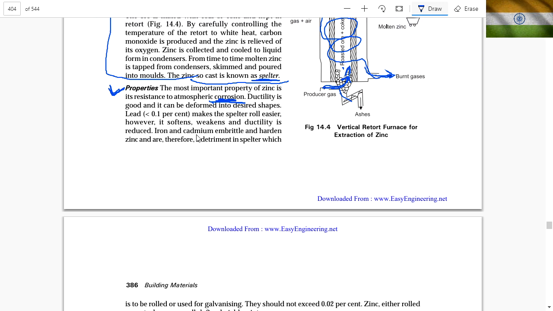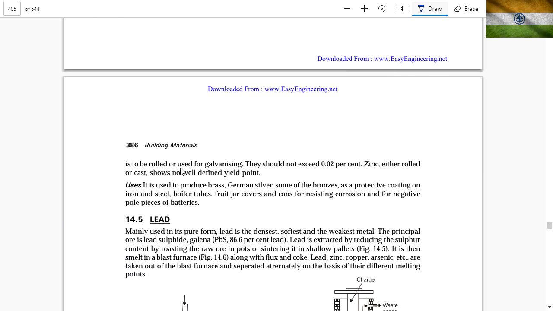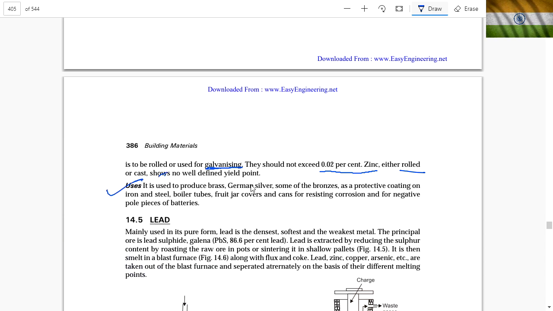Iron and cadmium embrittle and harden the zinc and are therefore detrimental in spelter which is to be rolled or used for galvanizing. This should not exceed 0.02% in zinc, either rolled or cast.